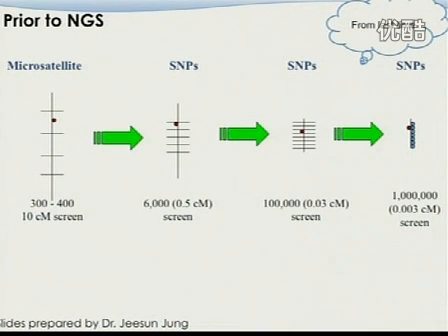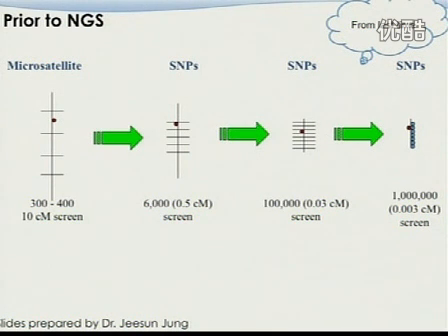Before we had next generation sequencing technology, we had technology that allowed us to study the genetics of disease at the whole genome level. Very early it was based on microsatellite markers, so there were only a couple of hundred markers across the entire genome.